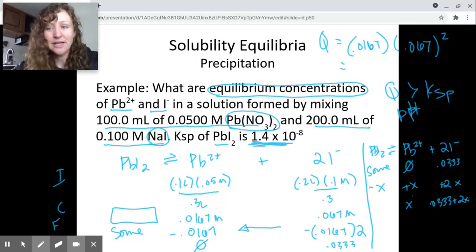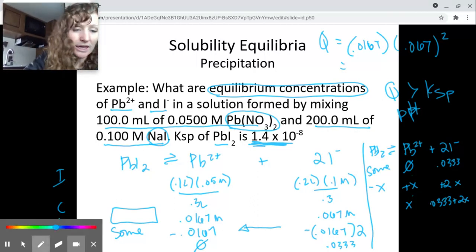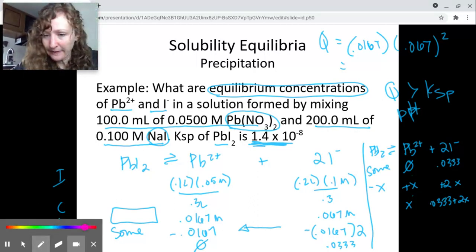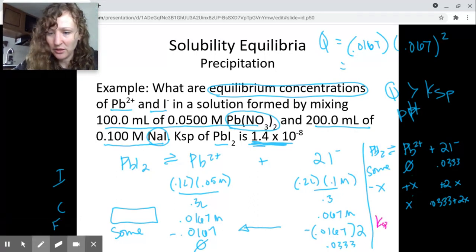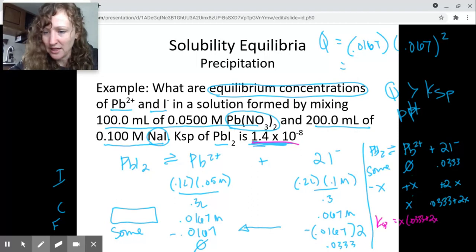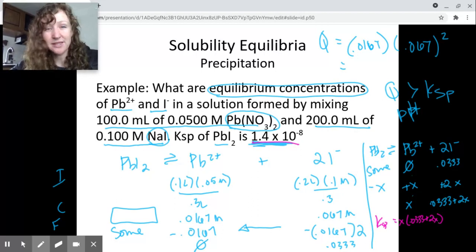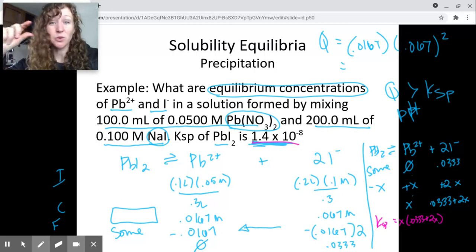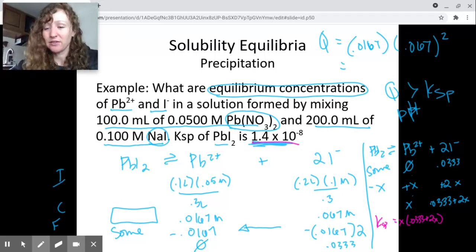Okay, now, just like with a weak acid or a weak base, I'm going to plug that into my K equation. So KSP, which they give us, is going to be equal to X times (0.0333 plus 2X) squared. Just like with weak acids and weak bases, I'm going to assume that the X amount is going to be super small. So anytime it's added or subtracted to a number, it's not going to make a significant difference to that number. So I'm going to get X times 0.0333 squared.